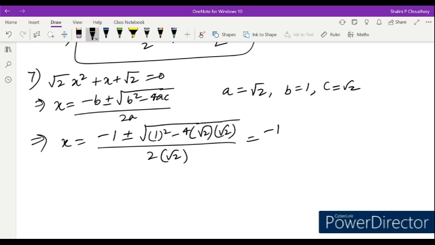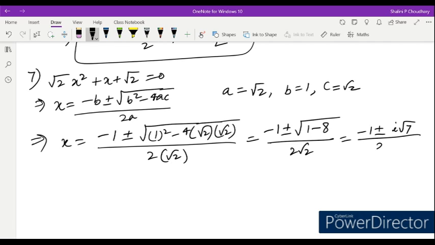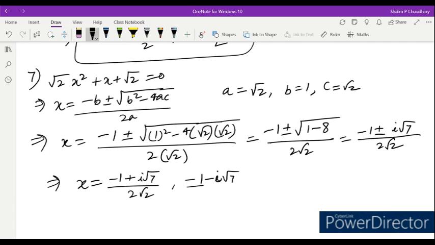So we'll get minus 1 plus minus square root of 1 minus 8 divided by 2 root 2. So we'll get minus 1 plus minus i square root of 7 divided by 2 root 2. So x के two roots होंगे minus 1 plus i root 7 divided by 2 root 2 and minus 1 minus i root 7 divided by 2 root 2.